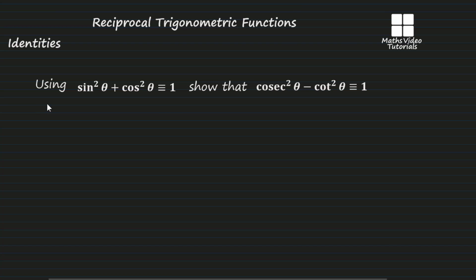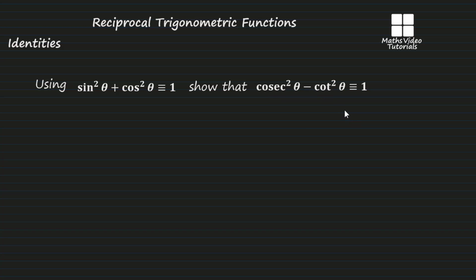Okay, let's practice on reciprocal identities. We got this exercise asking us to use the identity sine squared plus cos squared to prove this identity. So we need to start from here somehow and arrive at this one. We're going to divide by sine squared because I have cosec there and I have cot.